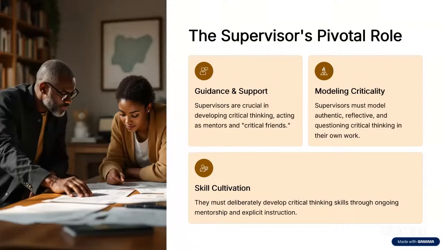And then also in terms of cultivation, the supervisors are expected to deliberately develop these, okay, through ongoing mentorship and explicit instruction. Again, like I did mention, in terms of patterns, in terms of approaches, this may not be the same across all supervisors.